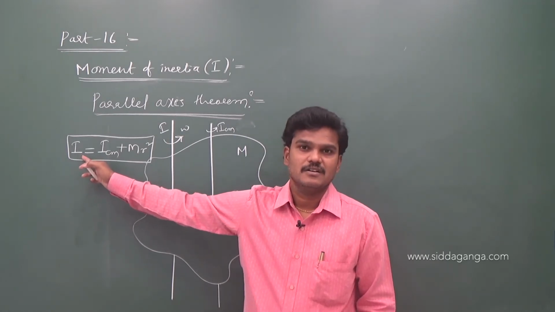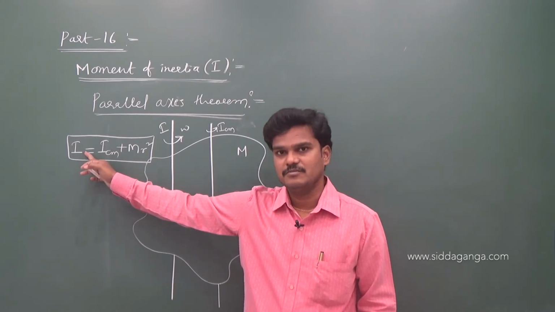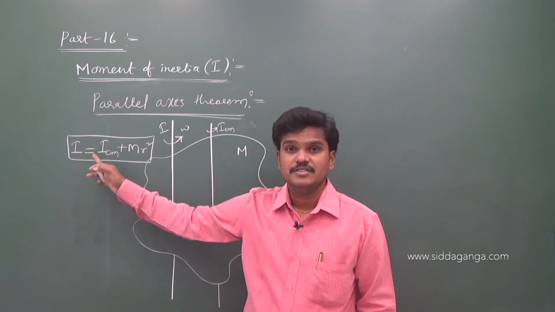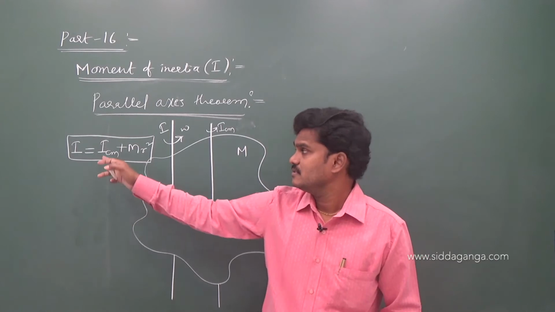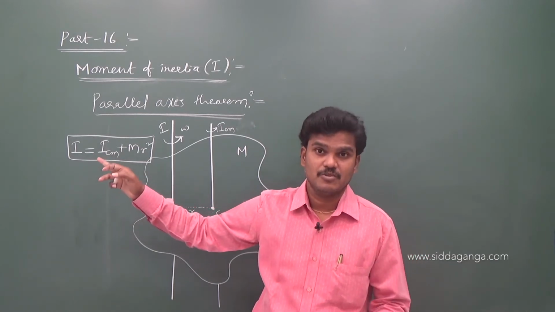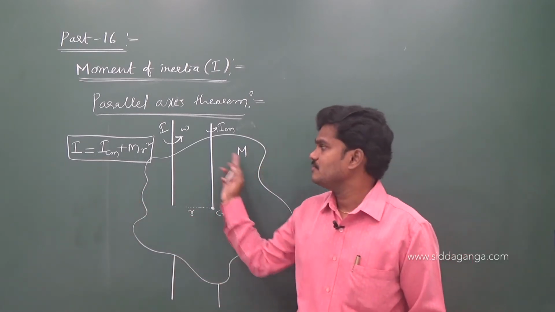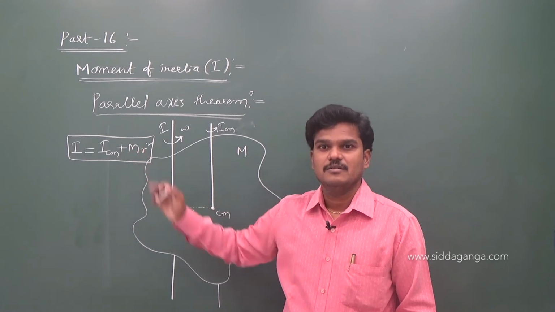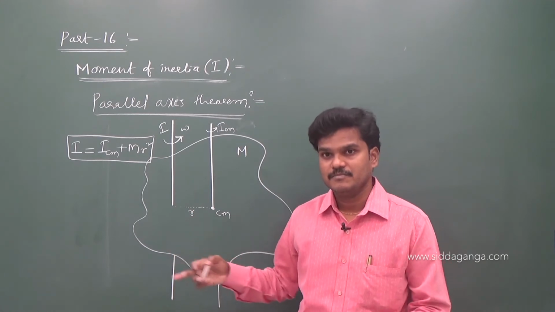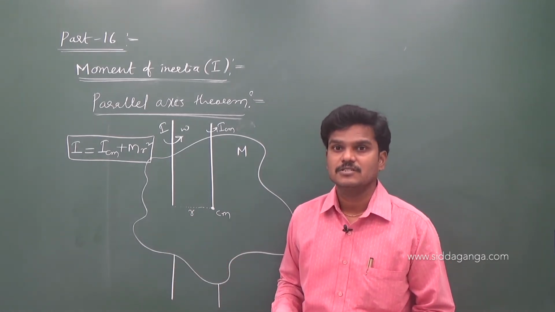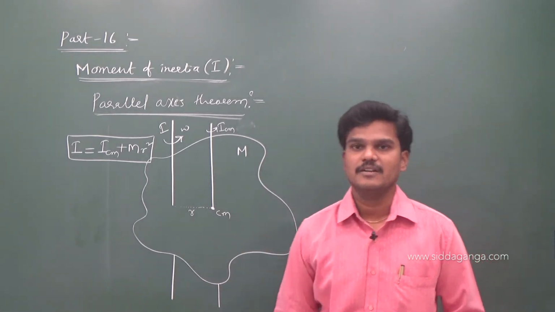The moment of inertia of a rigid body about any axis is equivalent to the sum of the moment of inertia of the rigid body passing through the center of mass and the product of the mass of the rigid body and the square of the distance between the two parallel axes. So this is the statement of the parallel axis theorem.